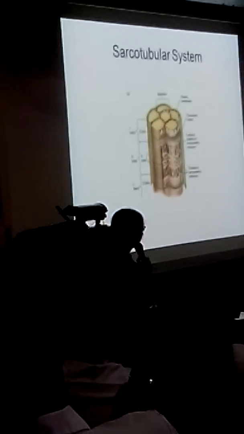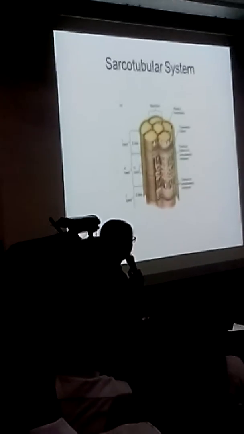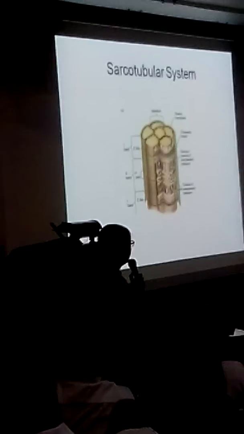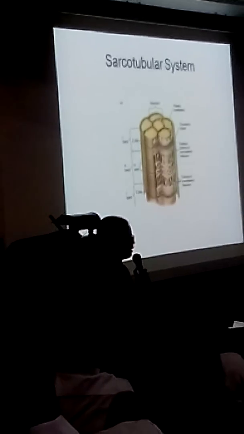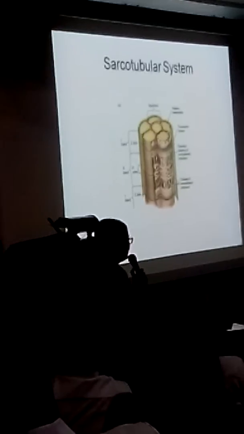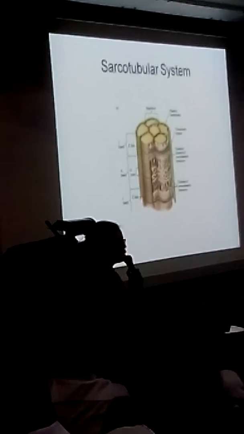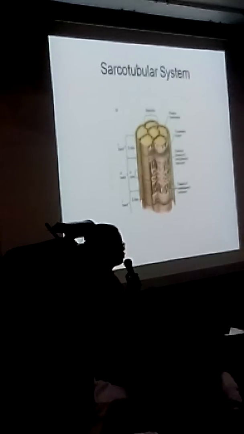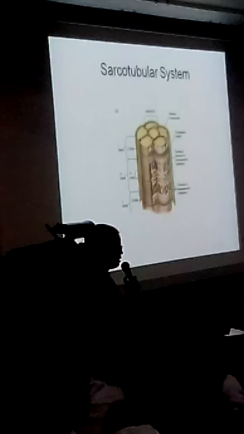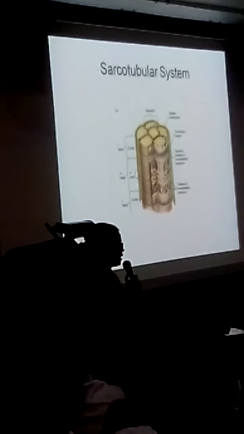At this point, I want you to remember that in a relaxed state, the resting membrane potential of your sarcolemma is negative 80 to negative 90 millivolts. That resting membrane potential should be changed to a less negative value so that an action potential can be transmitted to your muscles.